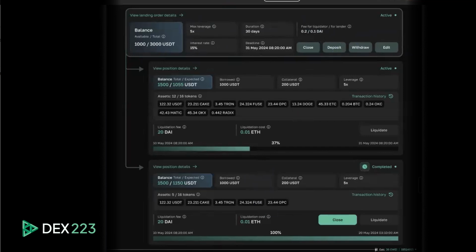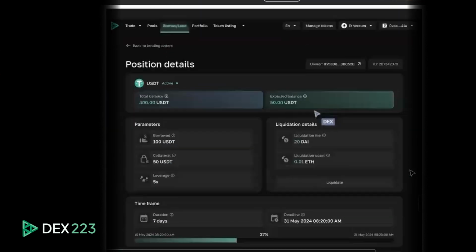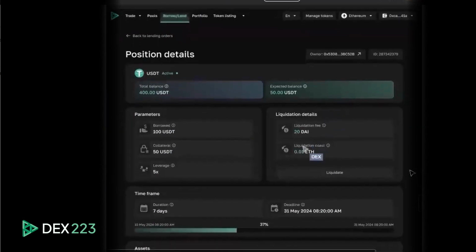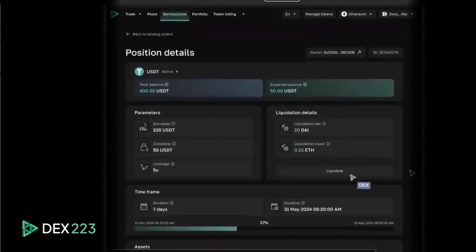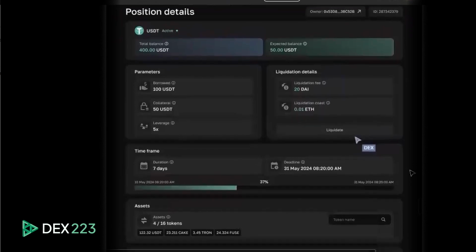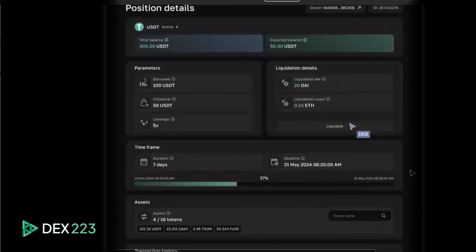And let's scroll down to the position. Here we are. Here you can see the position details. You will be able to get some tooltips explaining how this will work. It is quite important for us to make sure that everyone who is interacting with the exchange understands what exactly happens and what will happen if they do some action.